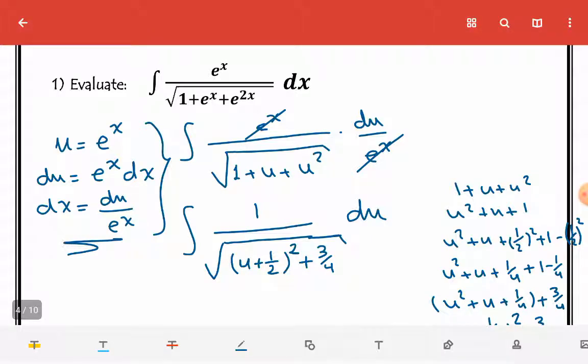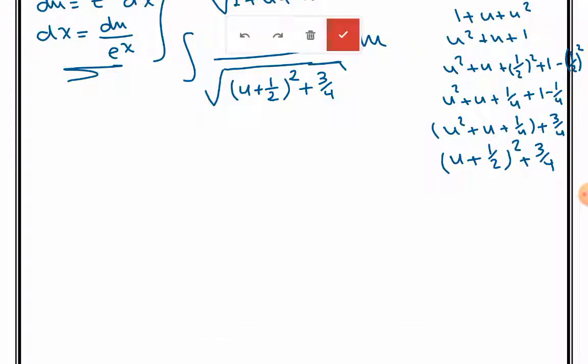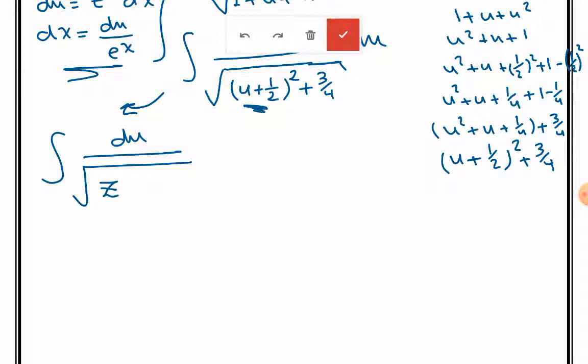To make this question easy, I will use substitution again, with a variable that stands for u plus half, any variable. So the integral of du over the square root of u plus half, I will let it be z, squared, plus 3 over 4. Okay?